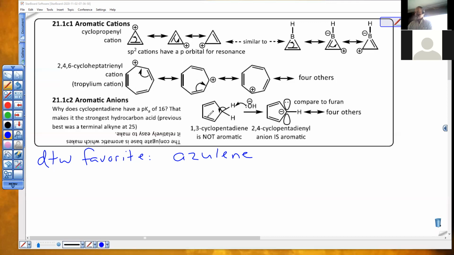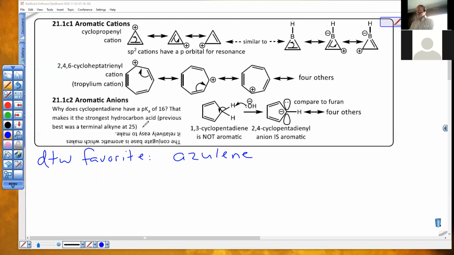We have an acid here with a pKa of 16 and a bold statement: this is the strongest hydrocarbon acid that we will have in this course. It's lower than an enolate even, which was 20, even though that's not technically a hydrocarbon having oxygen in it, but you are removing hydrogen from carbon.